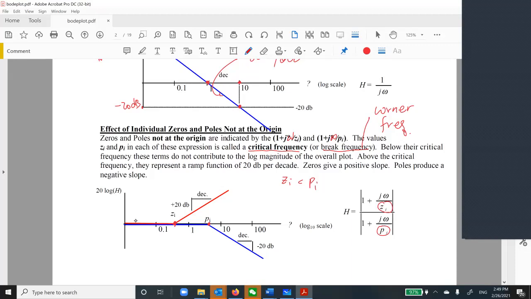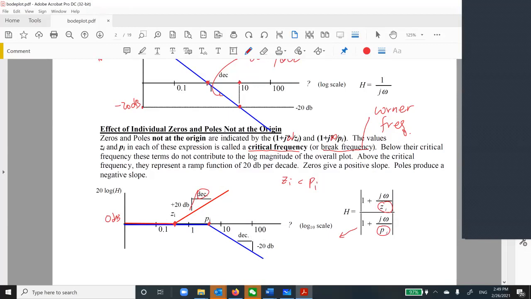Before Zi, everything is 0 dB. After this breakpoint, you have a positive 20 dB per decade. So this is the slope, 20 dB per decade. Then if you have a pole, you have a breakpoint at Pi, then you draw that.